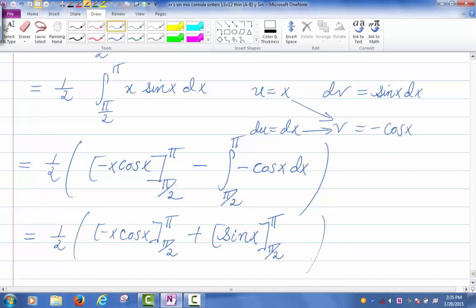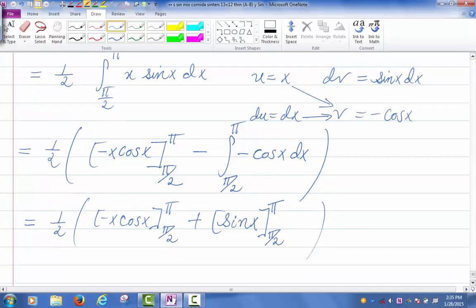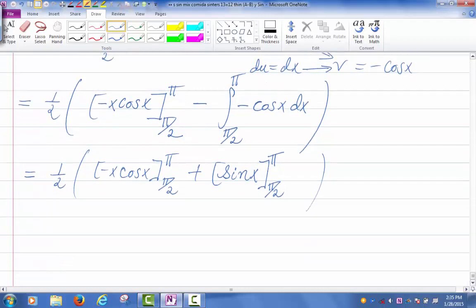So first of all, I write the integral as plus the integral of cosine x, right? And then the integral of cosine x is sine x. So I have that. And now what? Well, I plug in, right? Plug in, so this would be half. All right, so when you plug in pi within the first brackets, what do I get?